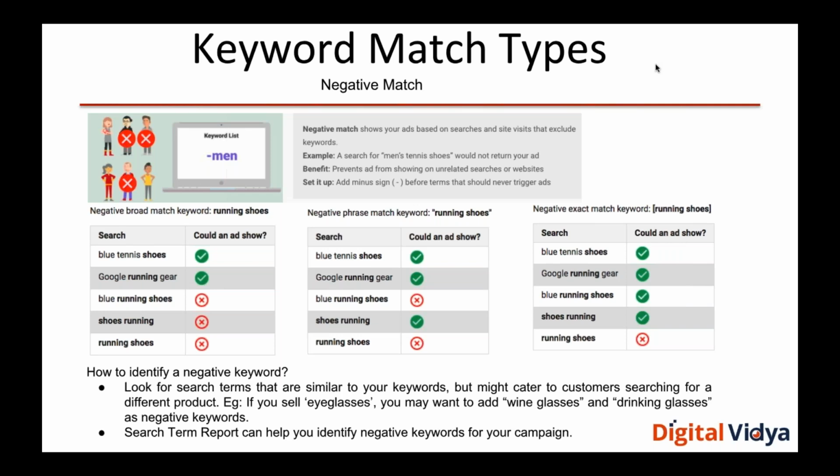So this gives me insight into what queries people are actually searching for. And if I find that people are searching for certain unrelated terms that are triggering my ad, costing me, I can add them as my negative keywords. So search term report and keyword planner, both of these will get you insights as to what can qualify as a negative keyword.